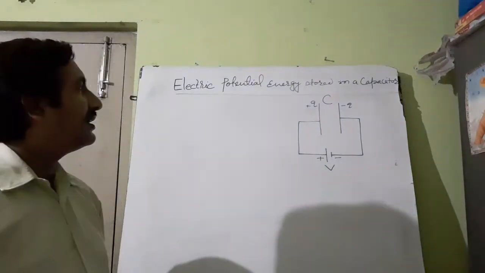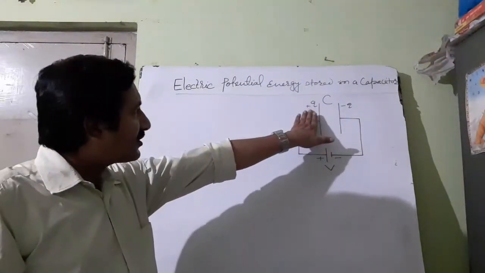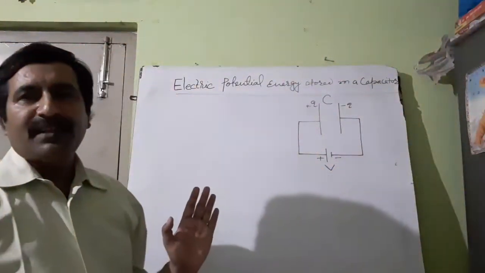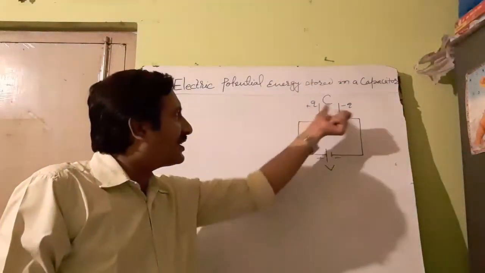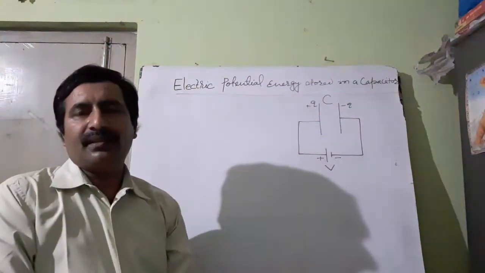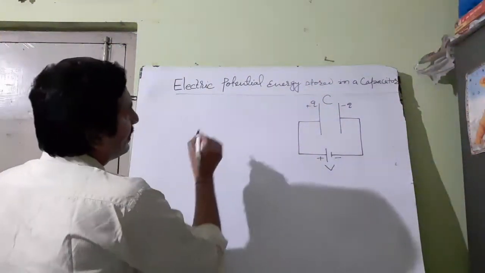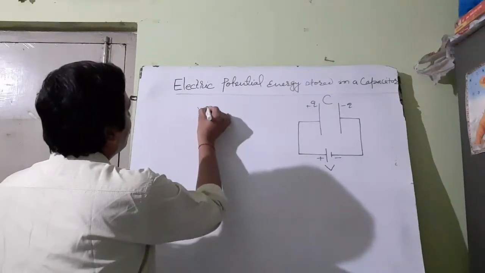So when the charge plus Q is on this plate and minus Q is on this plate, there will be a potential difference across these two. Suppose the potential difference at that time is V dash.